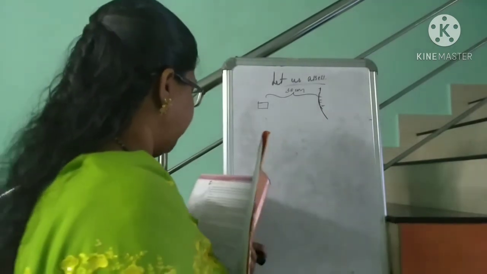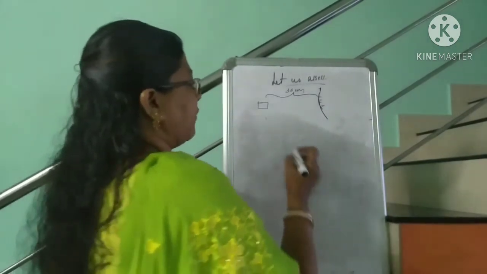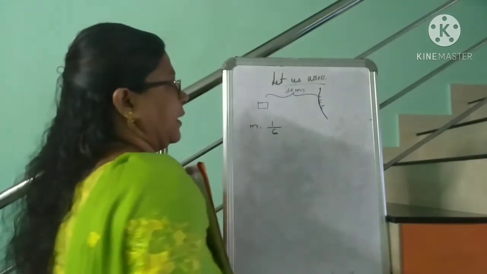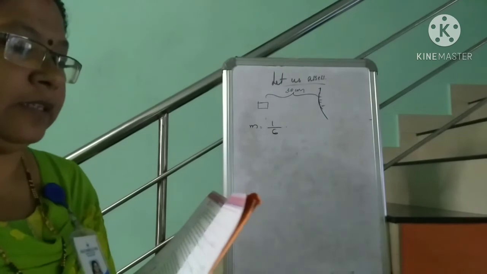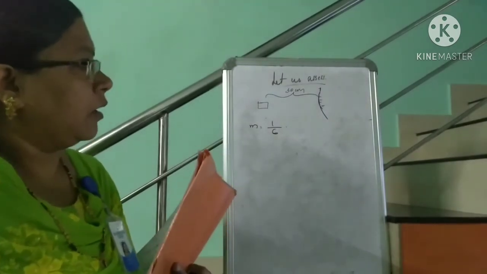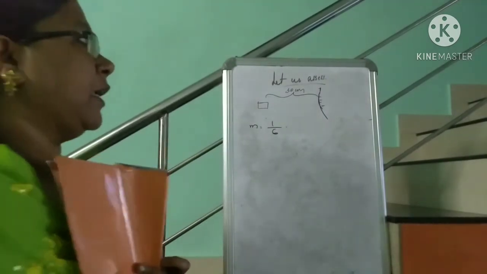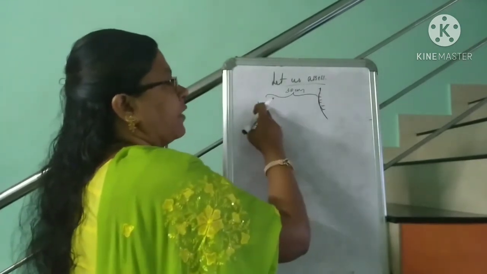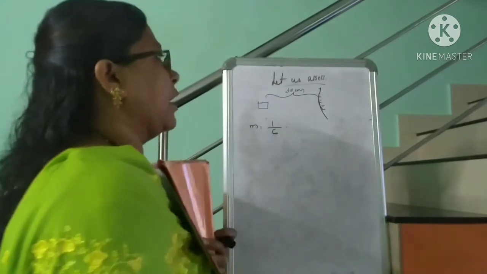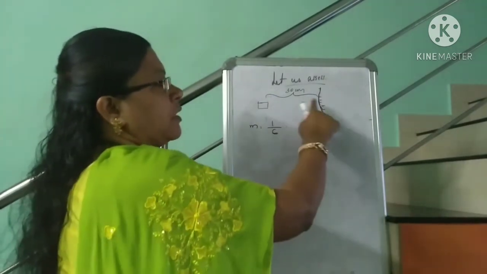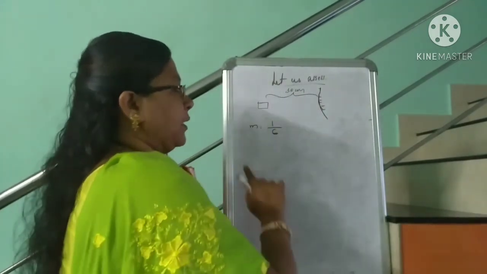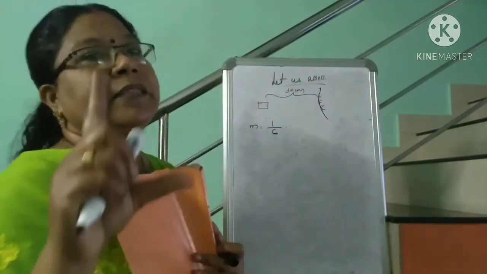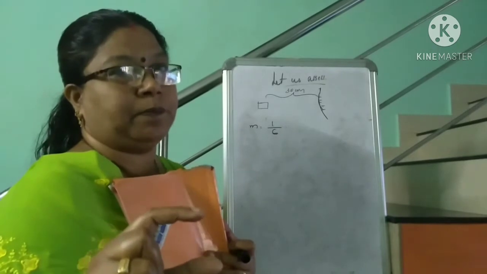And what is the magnification given? Magnification is 1 by 6. So this is the rough diagram. Here it is a convex mirror of the motorcyclist, and through this convex mirror he is seeing a car coming from behind, and the actual distance between these two is 30 meters, and magnification is given as 1 by 6. 1 by 6 clearly means it is a diminished image, isn't it?